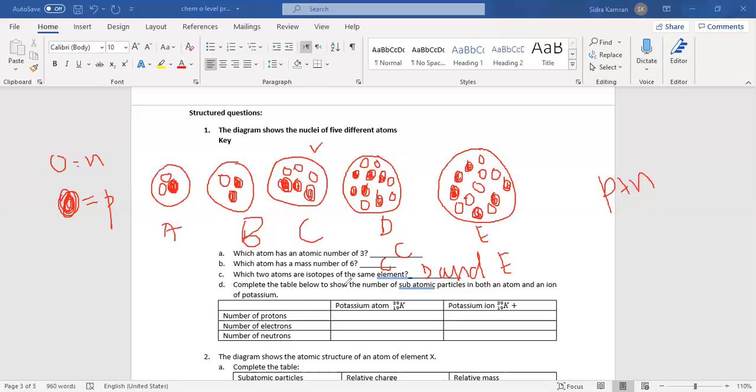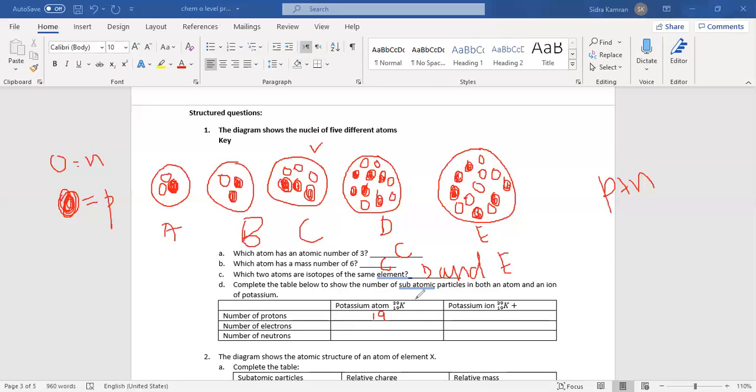Part D: complete the table below to show the number of subatomic particles in both an atom and an ion of potassium. So this is an atom of potassium and here is the ion of potassium. As we know, the atomic number is written at the bottom, here 19, which means the number of protons. So in the potassium atom there are 19 protons.